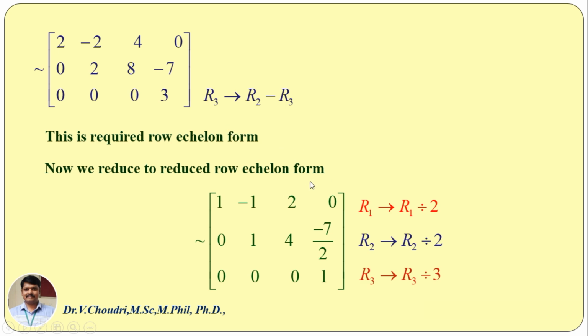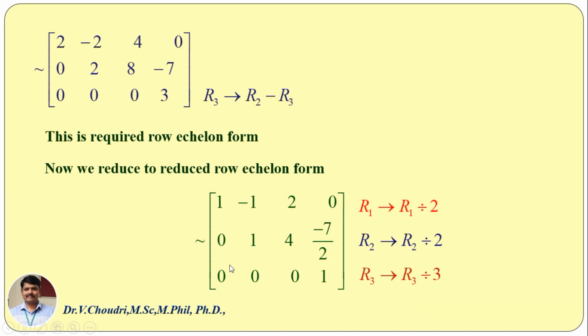As per this definition, the first non-zero element should be 1. So here, starting with the 2, we divide by 2. R1 divided by 2, what happened? 2 divided by 2 is 1, minus 1, 2, 0. And in the second row, after the 0, the non-zero element 2, make it as 1, so divided by 2: 1, 4, minus 7 by 2.